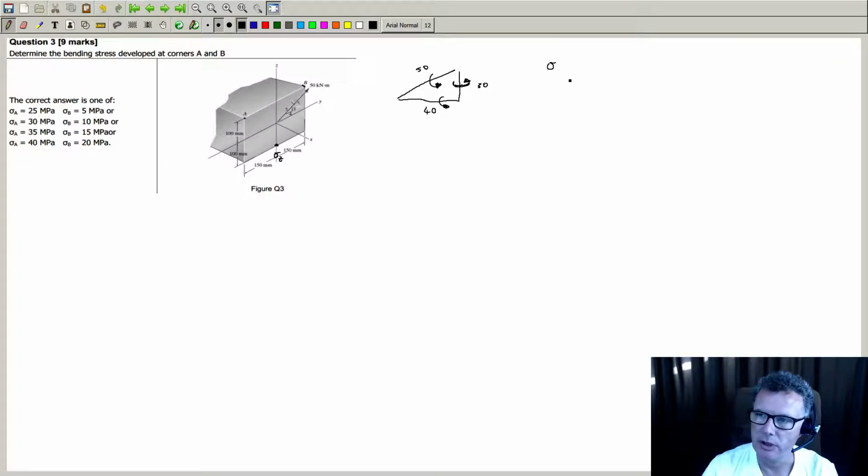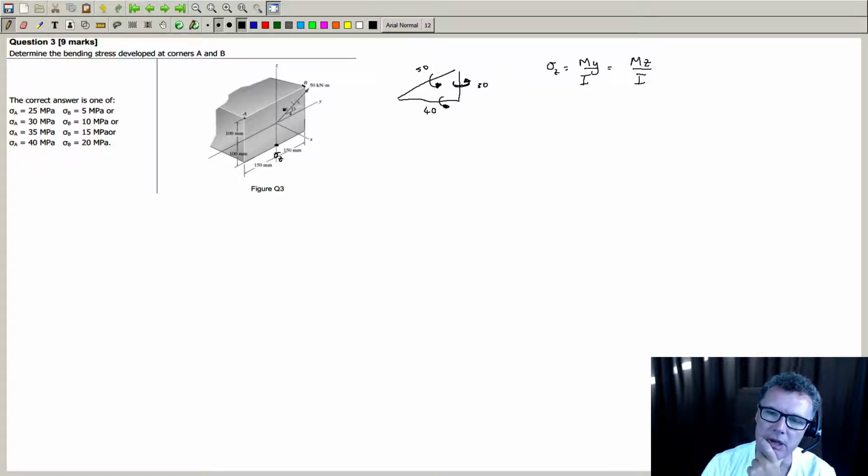We are going to be using the engineers' bending equations. So stress is My over I, although we don't know what y might be in this context. In this context it is z, so it is Mz over I. The M is going to be going along this axis, so that's the 40.